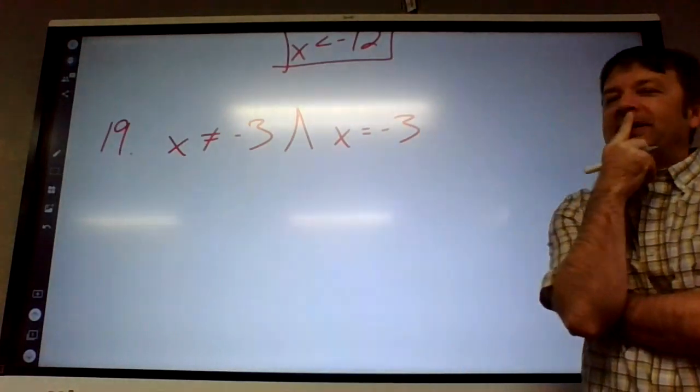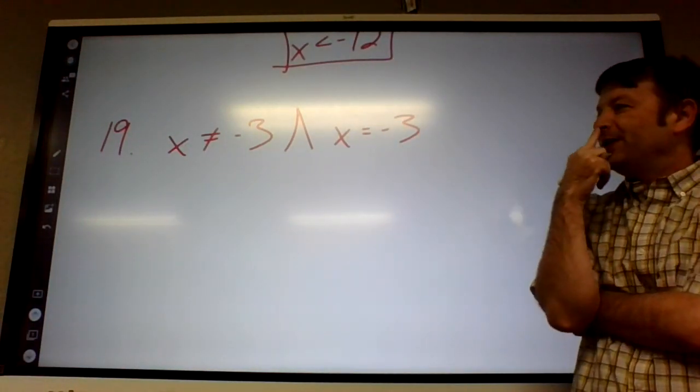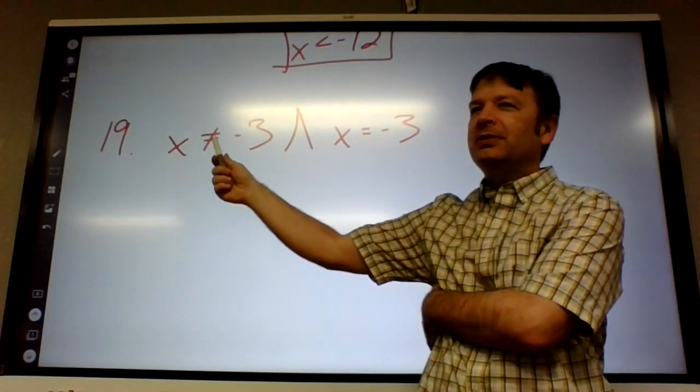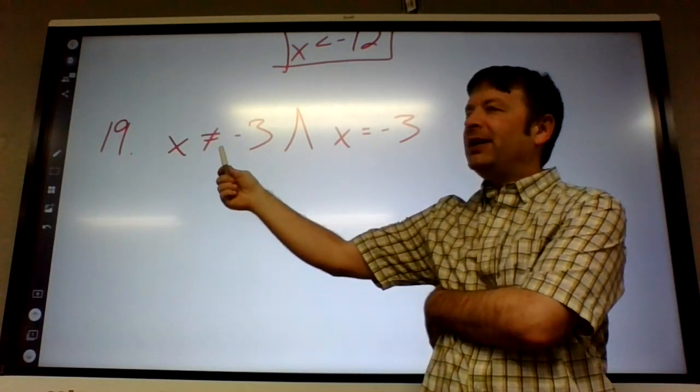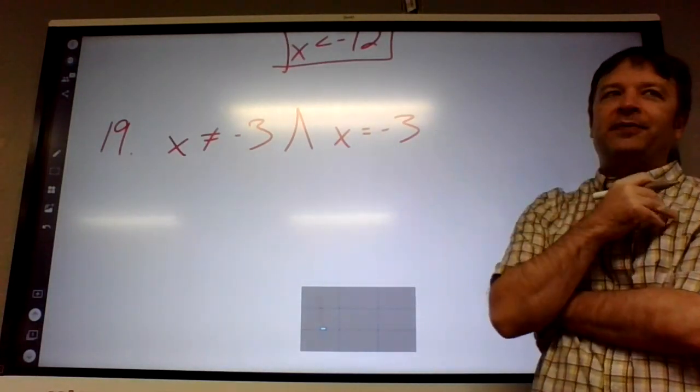Okay, 19. There's nothing to solve, so we don't have to do any algebra here. But what does this mean? What numbers are not equal to negative 3 and equal to negative 3?